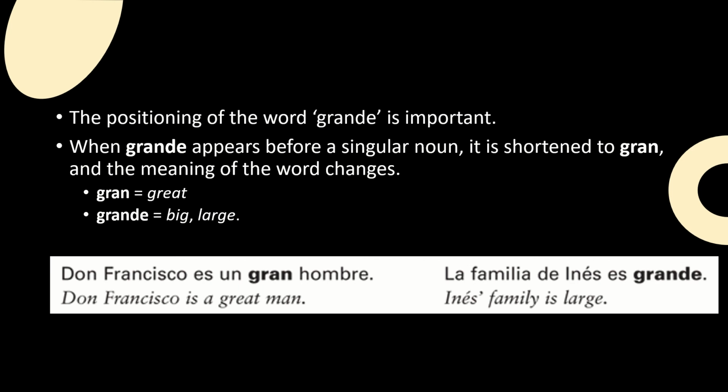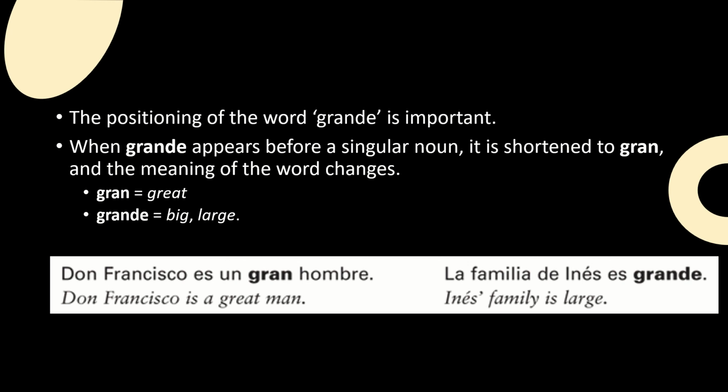So if you had to shorten it to gran, then it's going to mean great. If you leave it as grande, then it's going to mean big and large. If you want the word to mean big or large, then it needs to go after the noun.